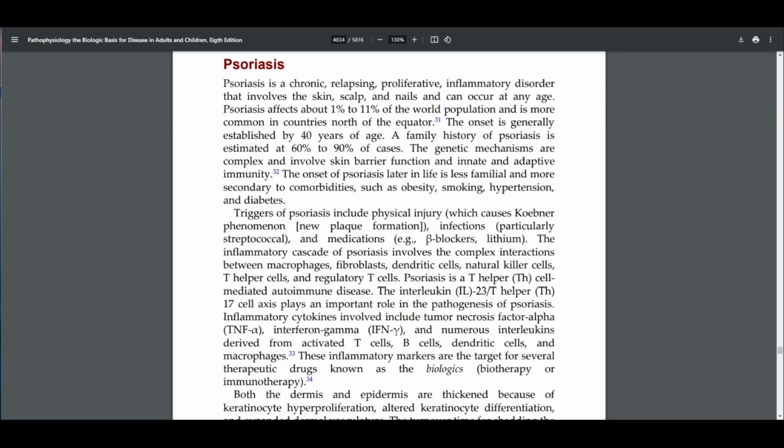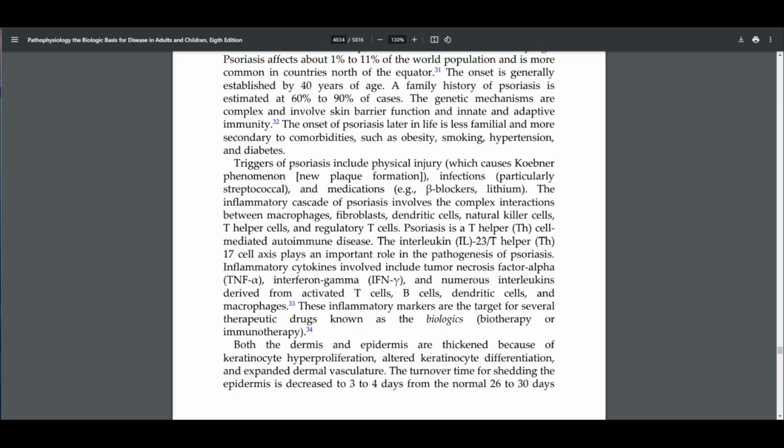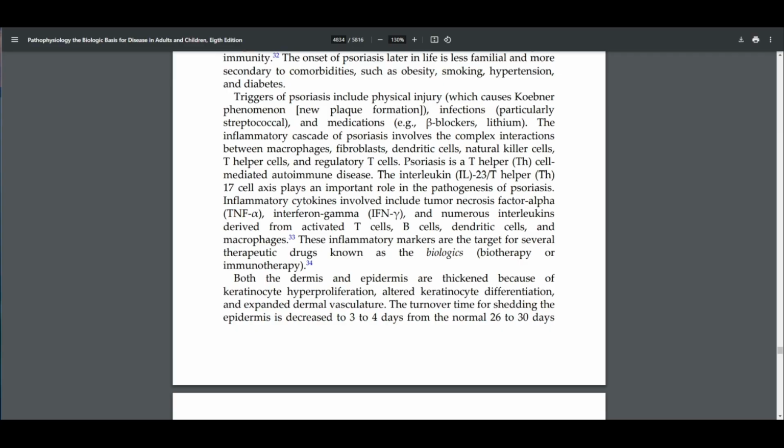infections, and medications. The inflammatory cascade of psoriasis involves complex interactions between macrophages, fibroblasts, dendritic cells, natural killer cells, T helper cells, and regulatory T cells. Psoriasis is a T helper cell-mediated autoimmune disease. The interleukin 23 T helper 17 cell axis plays an important role in the pathogenesis of psoriasis.